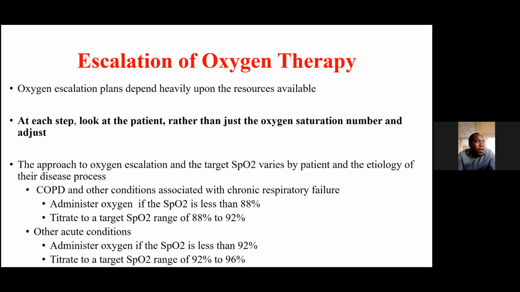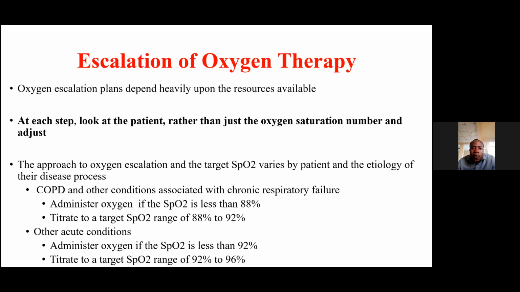A patient may have 87%, yet they are able to do anything at ease. So don't just rush, if a patient is having 50% on a simple facial mask, and dash to intubating that patient. You have to consider the general status of your patient.